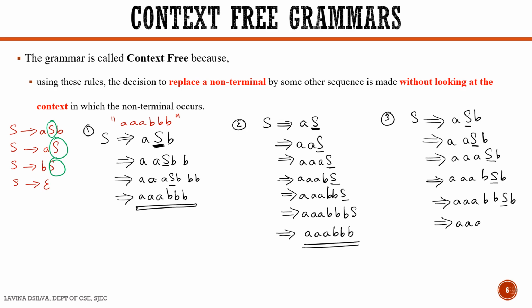So AAABBB. So here also we obtain the string which is required. So we can see that when we decided to replace the non-terminal by some sequence, we did not look at the context in which the non-terminals occur. We just replaced the non-terminal in order to obtain the string. That's why this type of grammar is called context-free grammar.